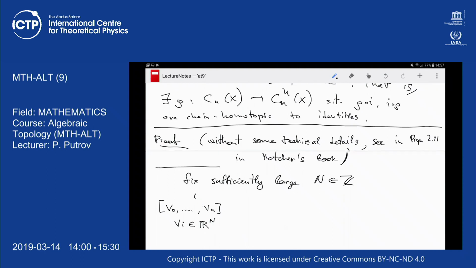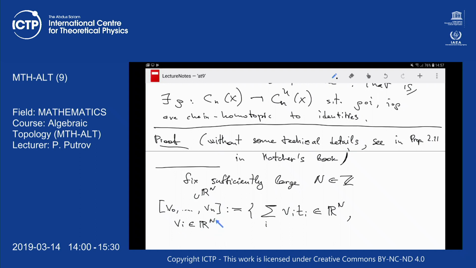So I can define the subspace, which is defined as the space of points in Rn which are linear combinations of the points vi.